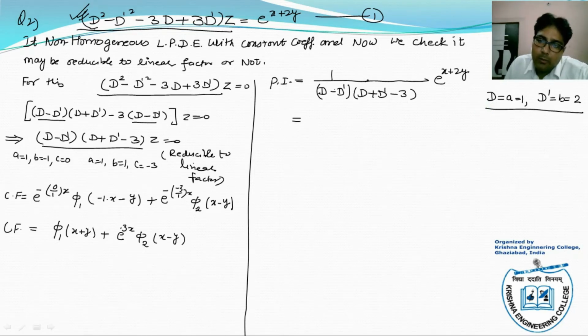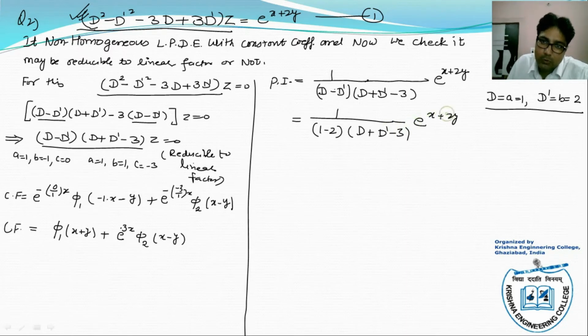If we replace D by 1 and D' by 1 in the first factor, there is no problem. But in the second factor, this becomes 0. So first of all, we solve this factor. This is 1 minus 2, and write this second factor as it is. Clear? e to the power x plus 2y.